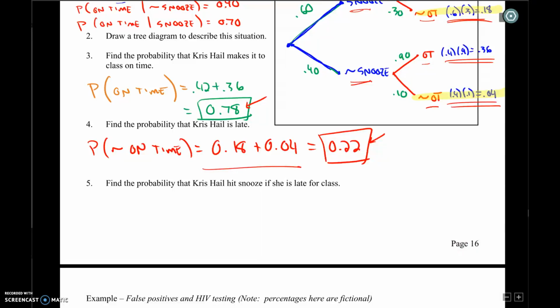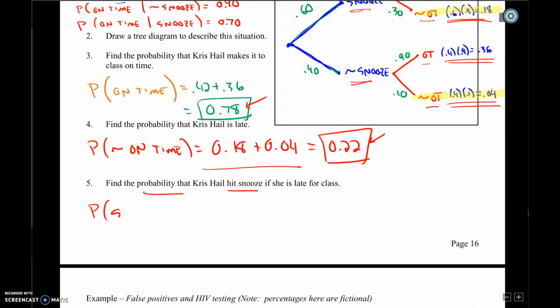And find the probability that Chris Hill hits the snooze if she is late for class. So I want the probability she hits snooze given she's late for class.